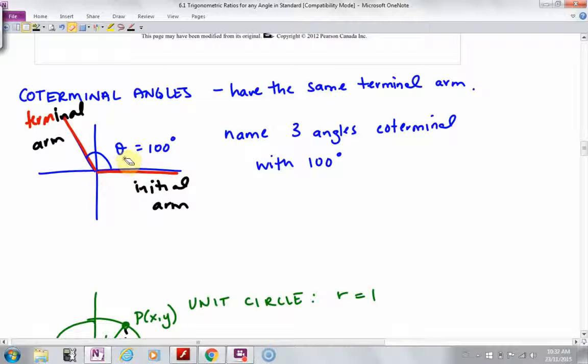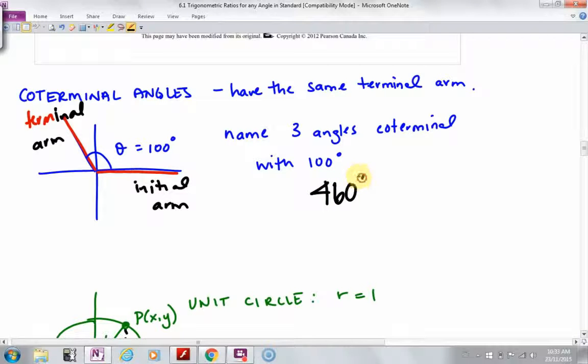So coterminal angles mean that we want to have the same terminal arm as that. We want another angle different from 100 degrees, but that also ends up right there. Any guesses as to what one angle might be? 460 degrees.